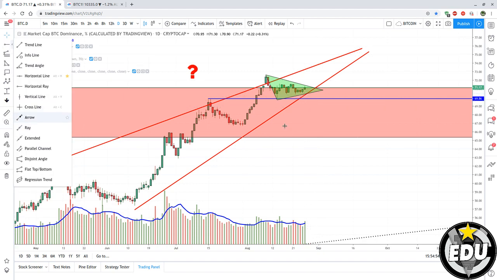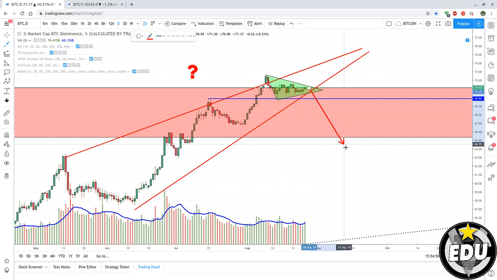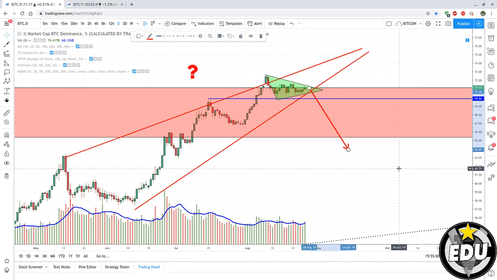But in case of a drop of BTC dominance, that means altcoins are either stable or increasing in price. So if Bitcoin money is coming out of the market, it is probably going into altcoins. So that's for sure another chart I will be looking at.